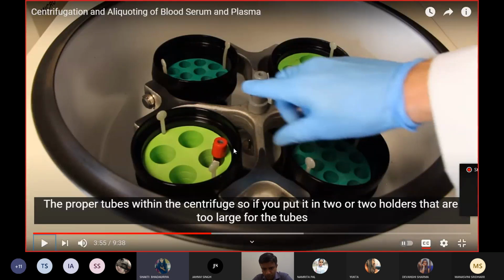Maybe because it is not fitting in properly. Yes. So if you put it here, and now just imagine if you start the centrifugation, this will keep shaking, okay? And proper separation will never happen. So what you need to do is take this tube, put it in this place, okay?